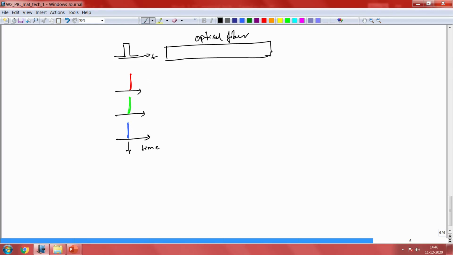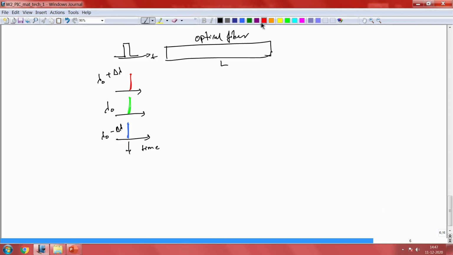So this is important. This is my lambda naught, this is lambda naught plus some delta lambda, and this is lambda naught minus delta lambda. So this is as a function of wavelength, but as a function of time they are at the same time we are putting it, and I am sending it through an optical fiber.